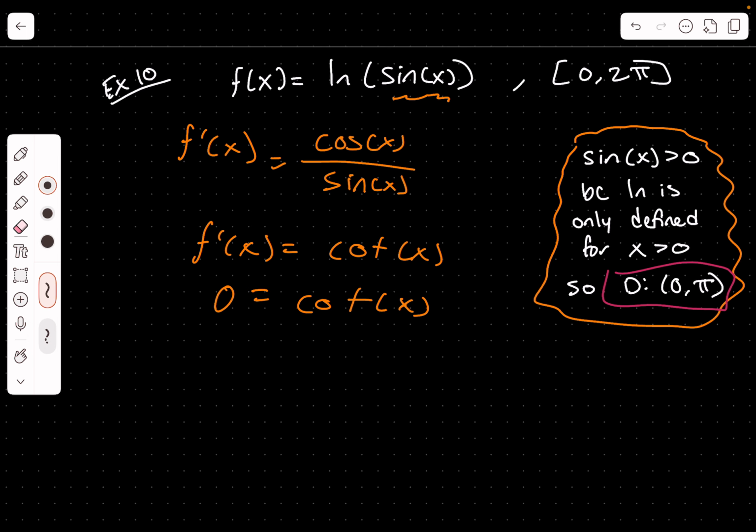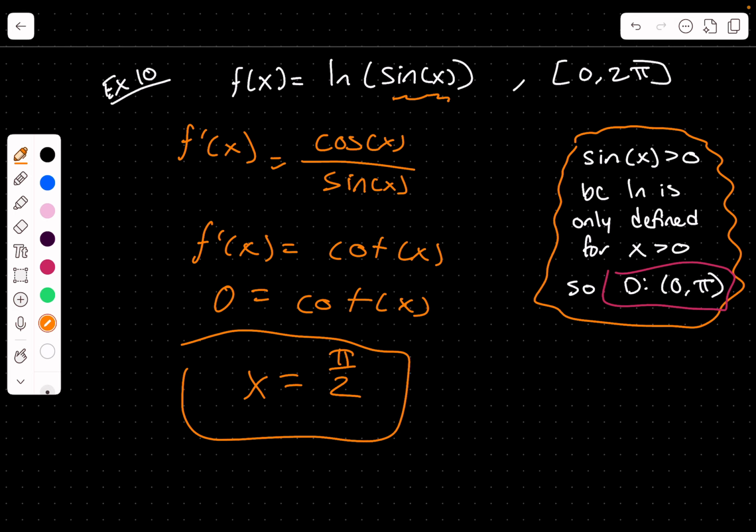Well, we get it at pi over 2 and 3 pi over 2, but remember, sine of x has to be greater than 0. Therefore, the only answer is going to be pi over 2, not 3 pi over 2, because 3 pi over 2's sine is -1, and that is not greater than 0. So our only critical value for this is going to be x equals pi over 2.